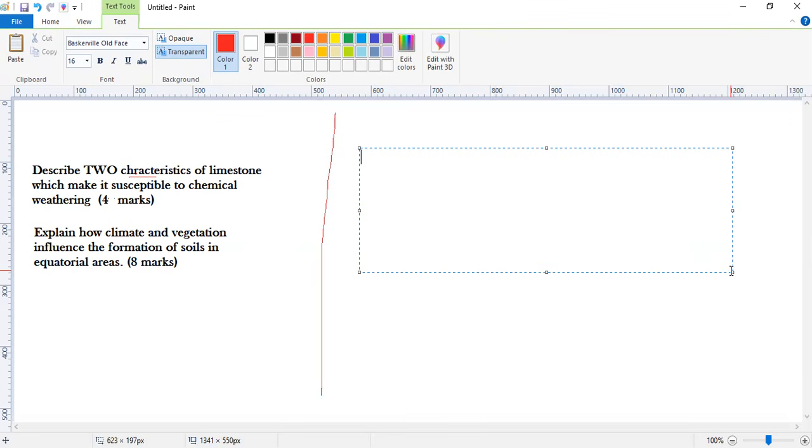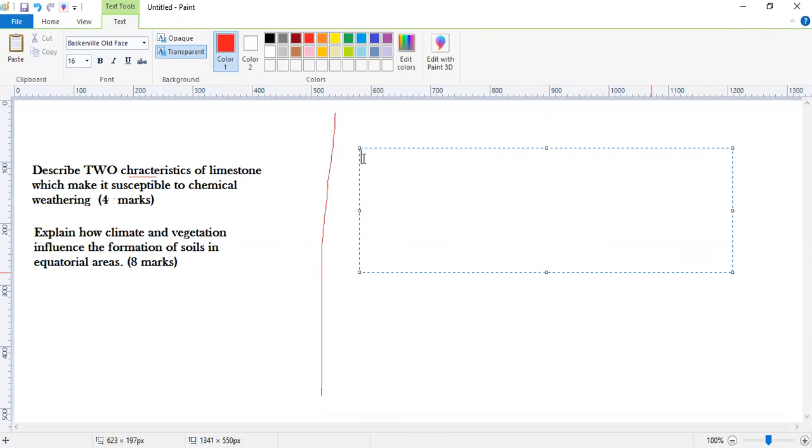But we want to make sure that the two characteristics that we choose really assist and increase the rate of chemical weathering, which in this case, we know that the main process that affects limestone is carbonation.